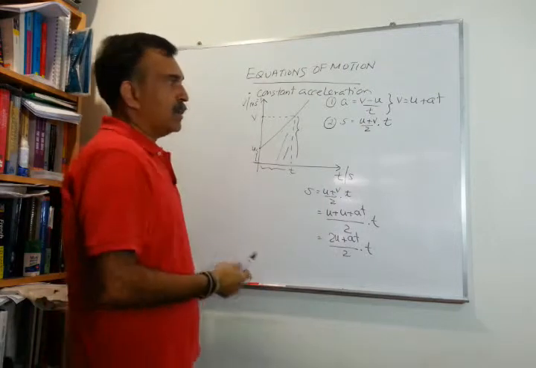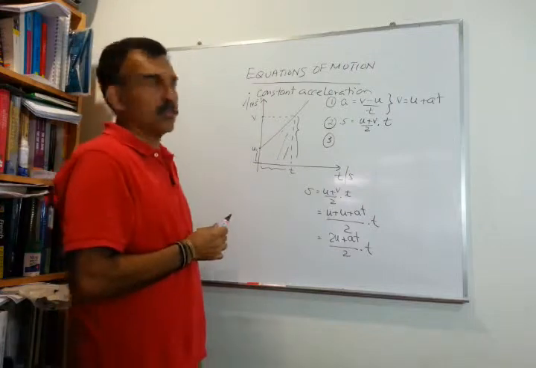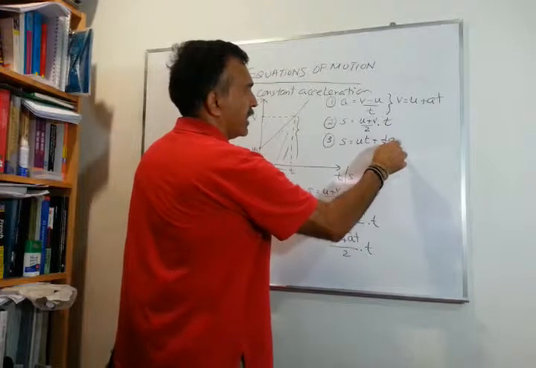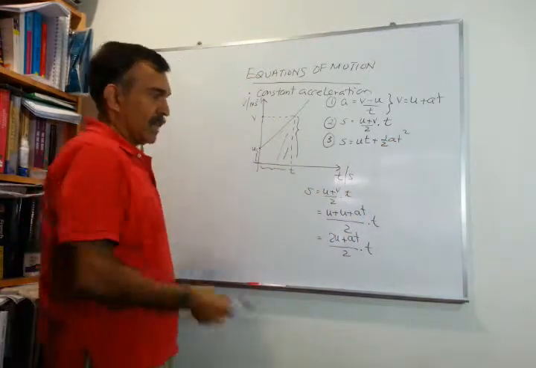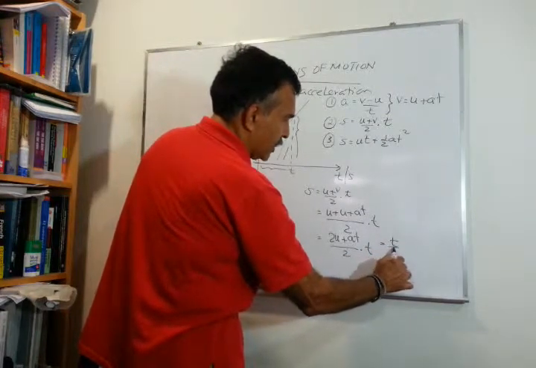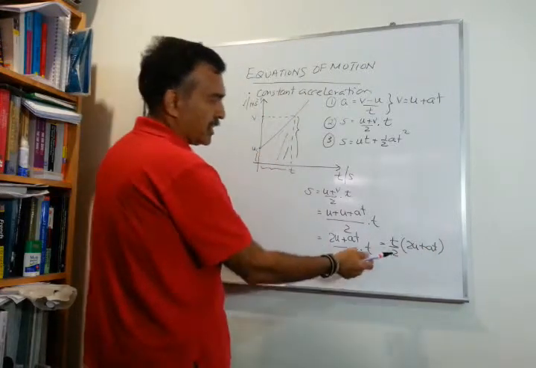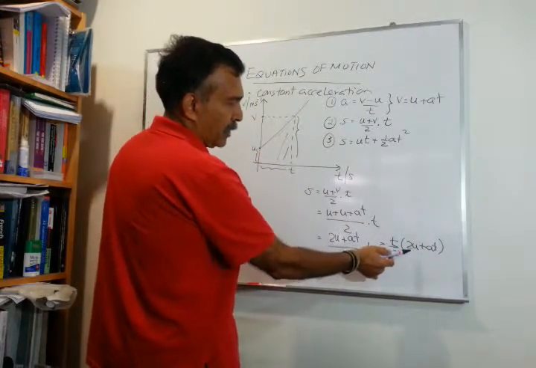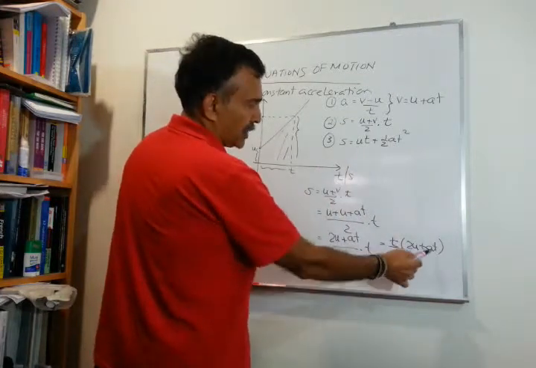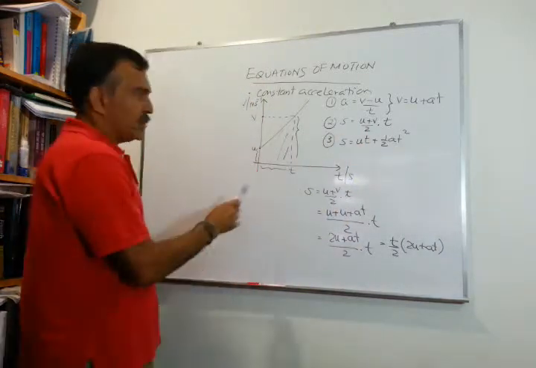So when you sort the algebra out, you will get the third formula that we normally use when we deal with equations of motion. S equals ut plus a half at squared. Okay, so not difficult to see. If you like, I can write one more line here. t over 2, and I have 2u plus at, then you can see it coming out. t over 2 multiplied by 2u will be ut, that's what you see here, and t over 2 times at, you will have half at squared. And we're done.